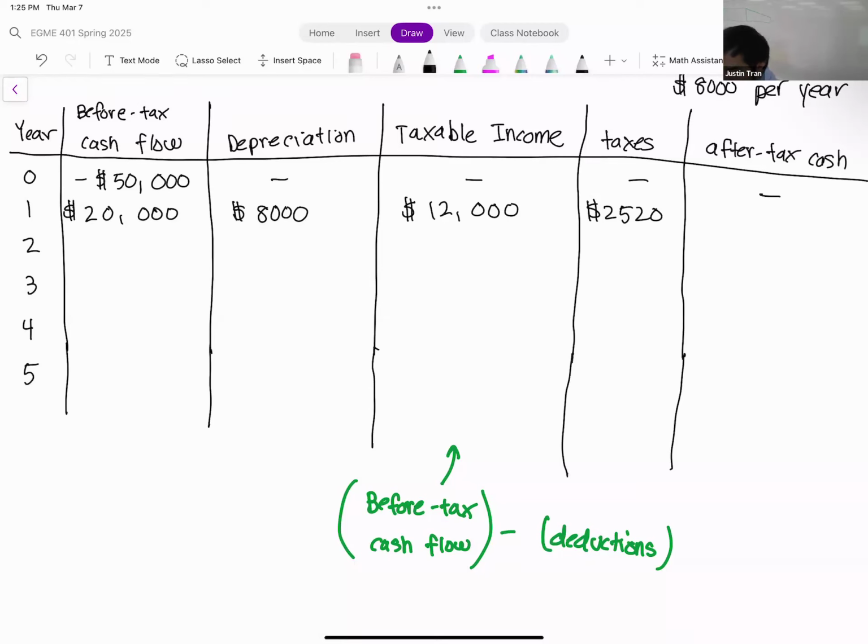And then once we compute our taxes, we can then compute our after-tax cash flow. So we're going to take our before-tax cash flow, which is our income, right? So we earn $20,000 of income. We're going to pay $2,520 in taxes. So $20,000 minus 2,520, and after that we're left with 17,480.